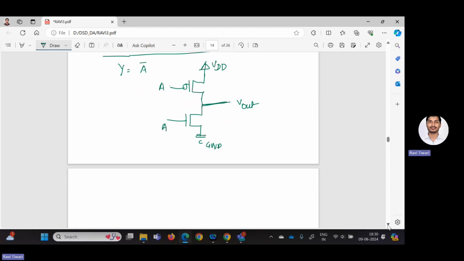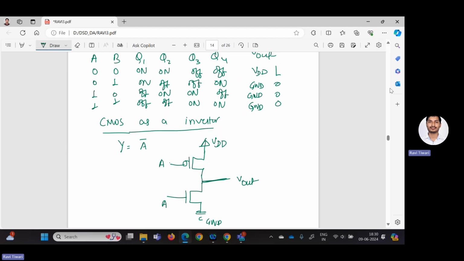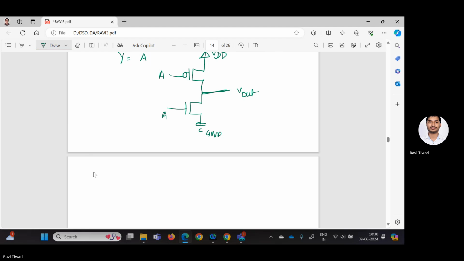Now we will see the functionality, what is actually happening here with the help of truth table, right? So here I am taking the input as A, and assume this is Q1 and this is Q2. And we will check the V out.